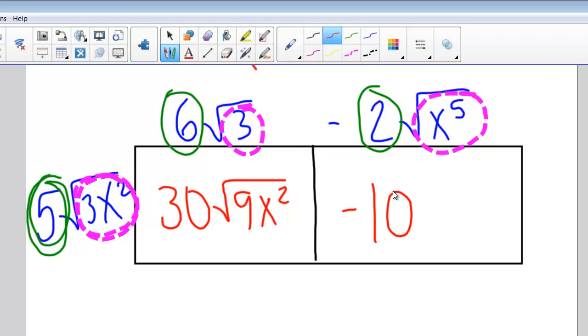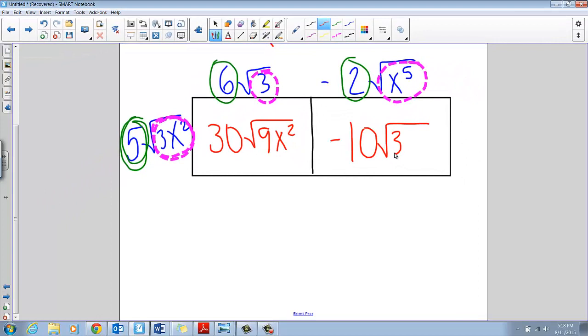And then the numbers under the square root are going to multiply to give me, well, I've got a 3. And then recall, when we multiply variables, we add their exponents. So I'm going to take 2 and 5 and add them together to be 7. So I have 30 root 9x squared and negative 10 root 3x to the 7th.